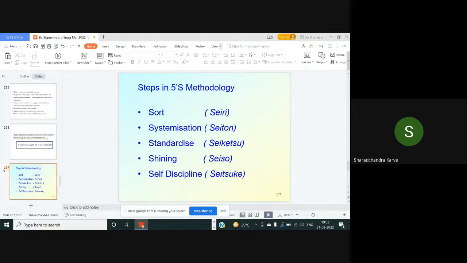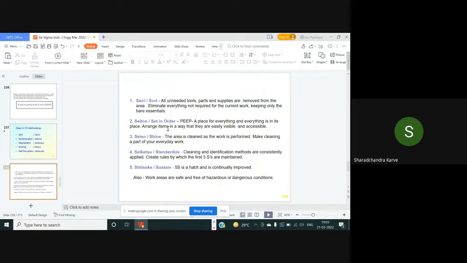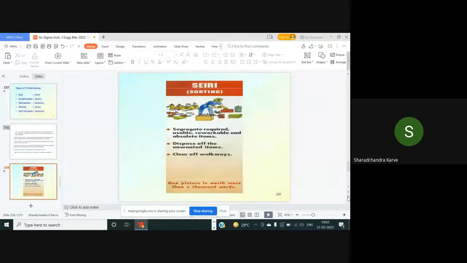So what is being done in sort? Sort is basically sort and set in order. You identify what is not wanted. Segregation is required for usable, reworkable, and obsolete items: this is regularly used, this is occasionally used, or this is remotely used.